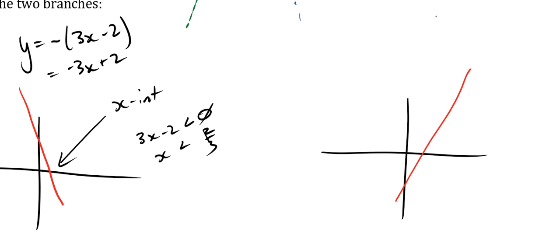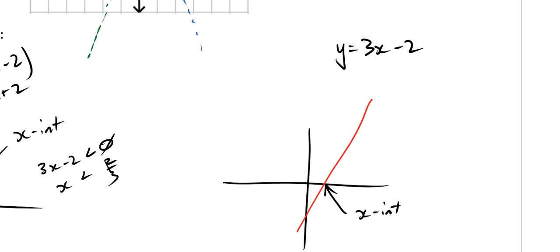And this is just y equals, remember, we actually graphed this, 3x minus 2. So there's my x-intercept. So we use this line in the case where 3x minus 2 is greater than or equal to 0, and when x is greater than or equal to positive 2 over 3. The x-intercept of 2 over 3, right?